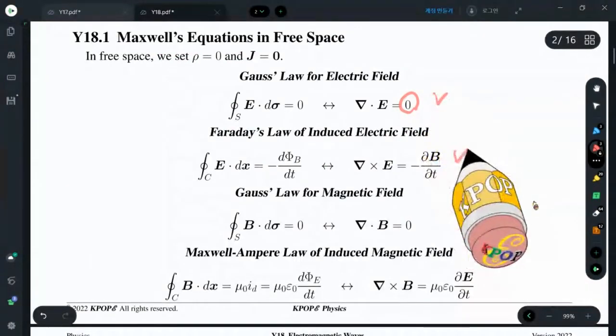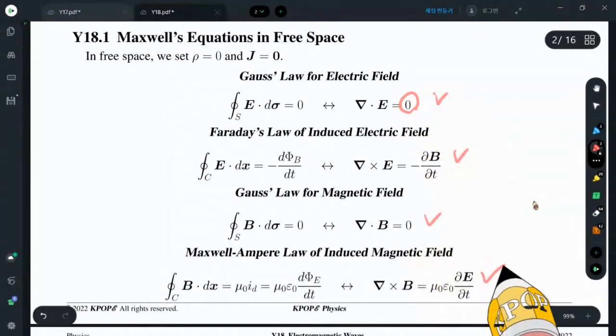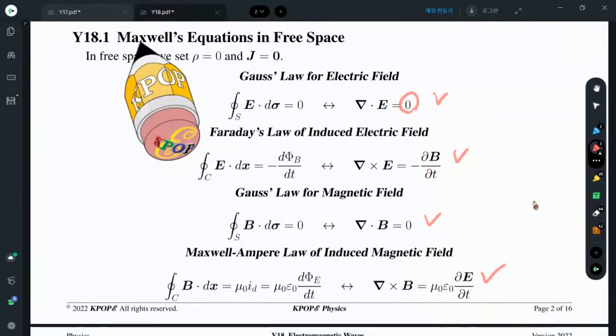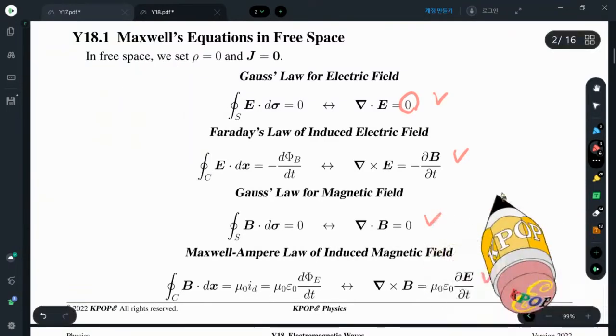These four equations, called Maxwell's equations in free space, are enough to describe the propagation of electromagnetic field in free space.